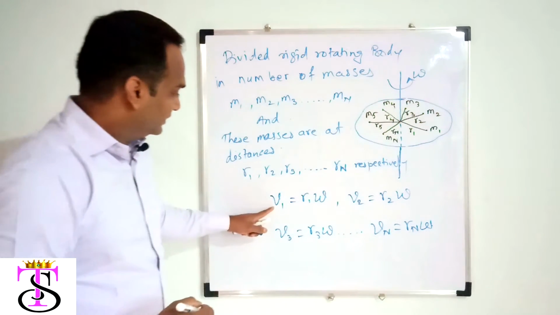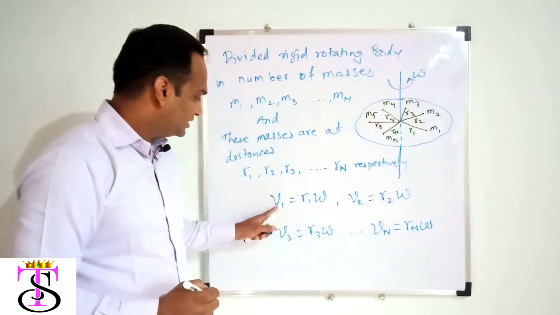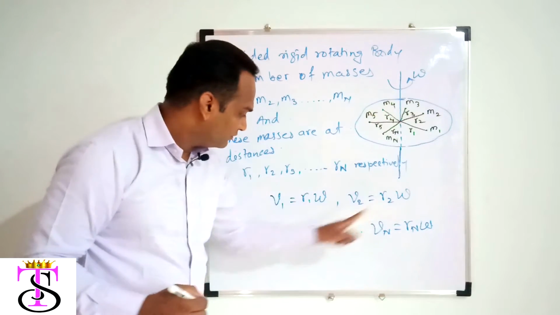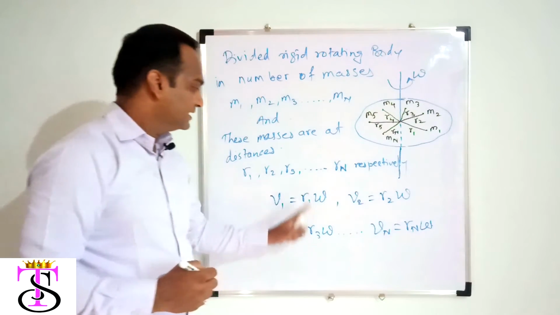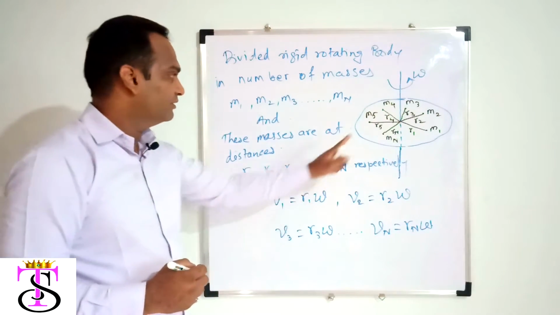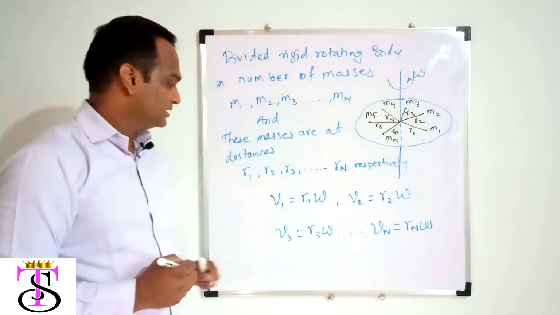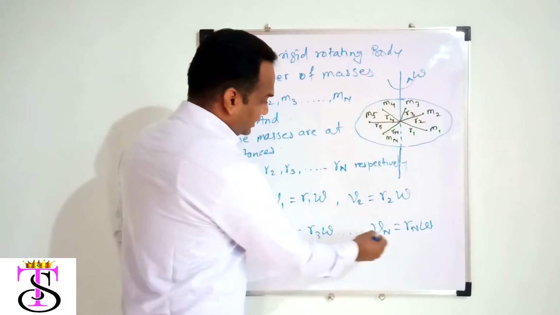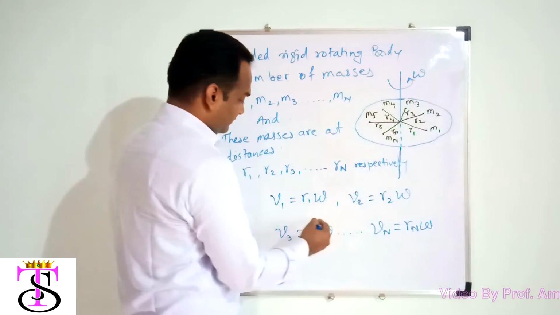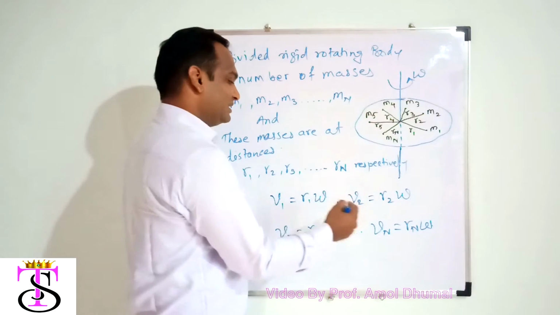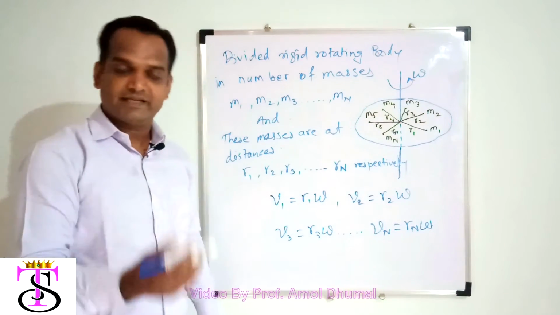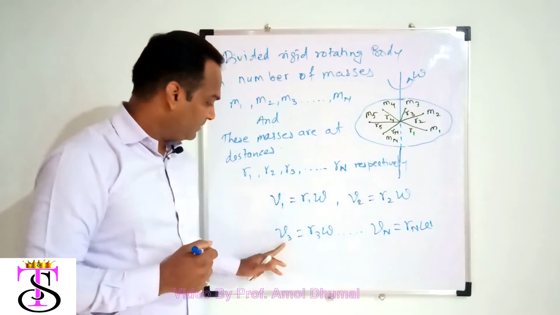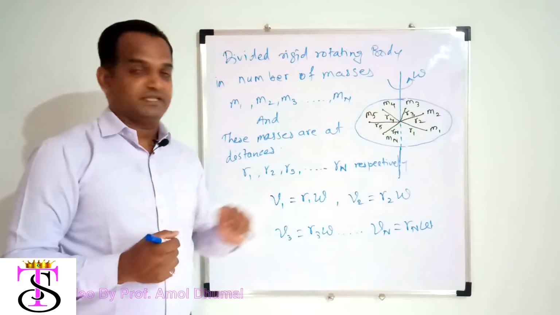So the linear or tangential velocities are different, but the angular velocity is the same for each and every mass on this body. As the tangential velocities of every mass are different, each and every mass has different kinetic energy, because the kinetic energy depends on the linear velocity.